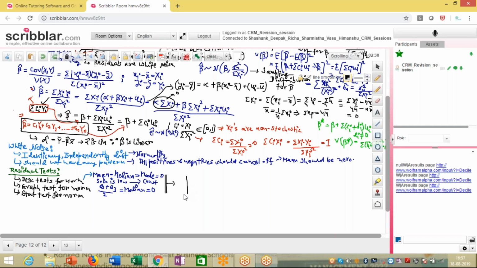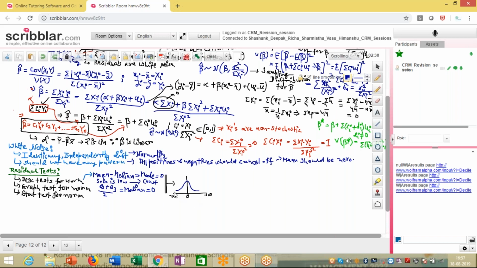So basically this is my straight line, this is 0, this is minus infinity, this is positive infinity, and this is how the distribution should look.